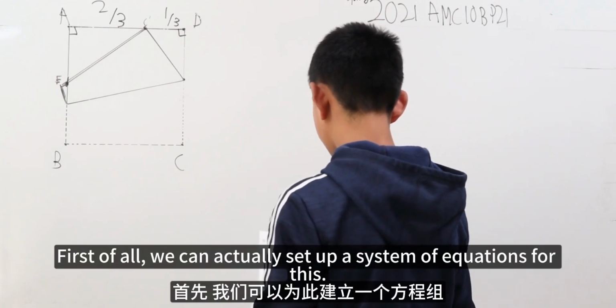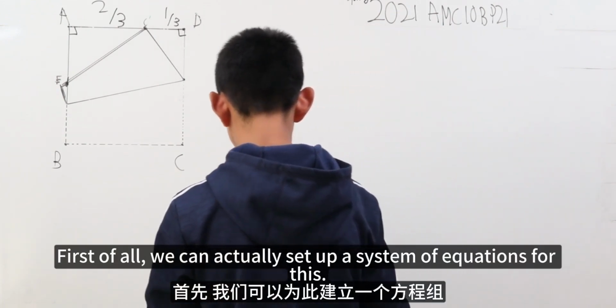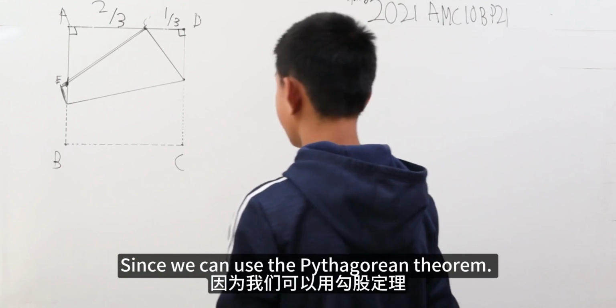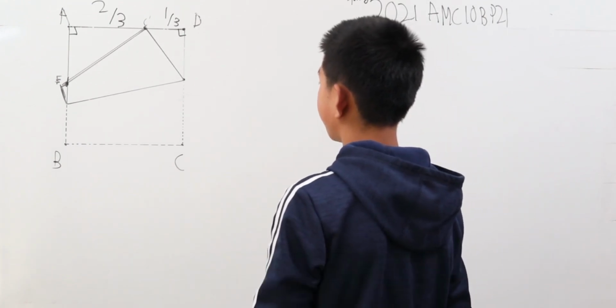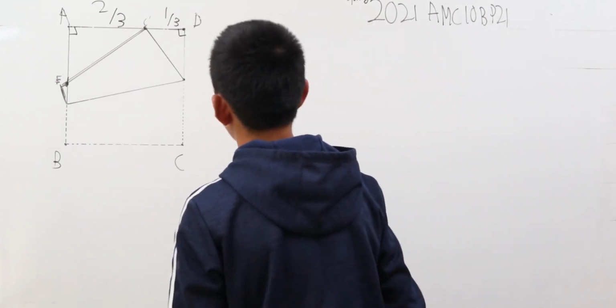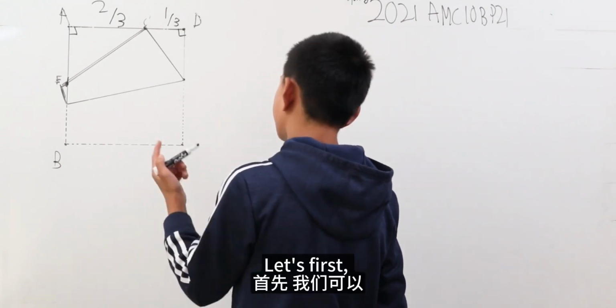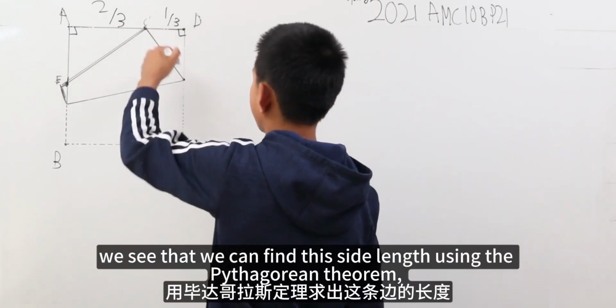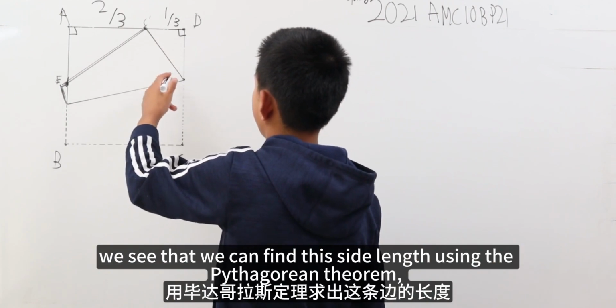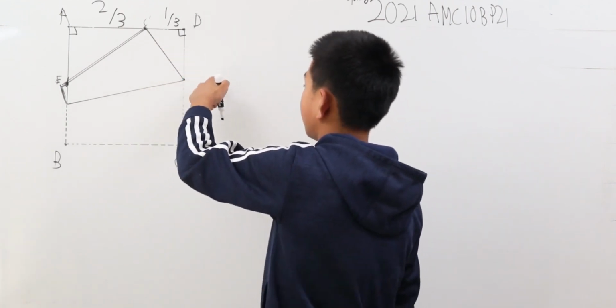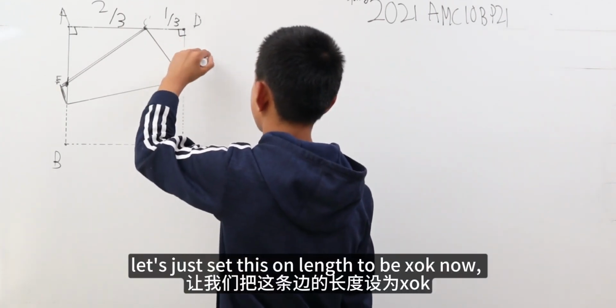First of all, we can set up an equation for this since we can use the Pythagorean theorem. Let's set this side length to be x.